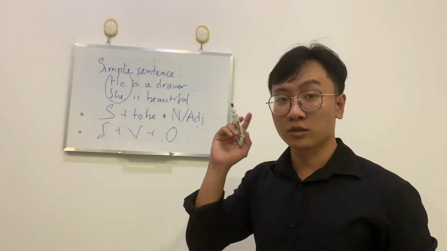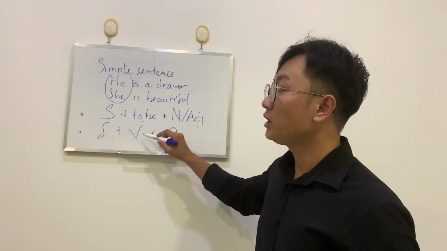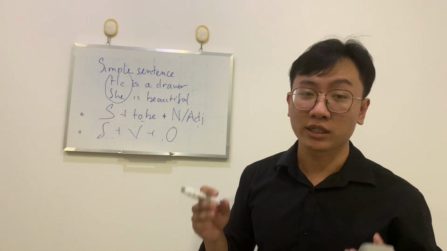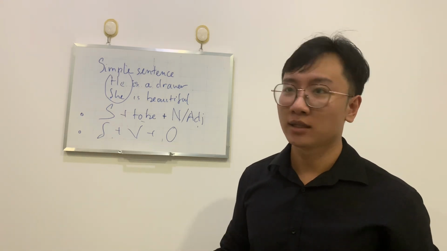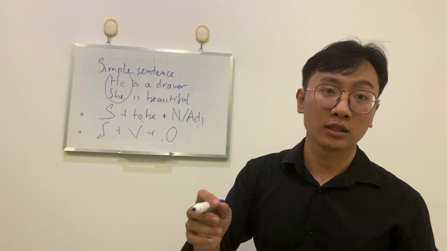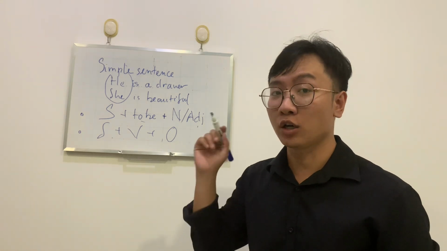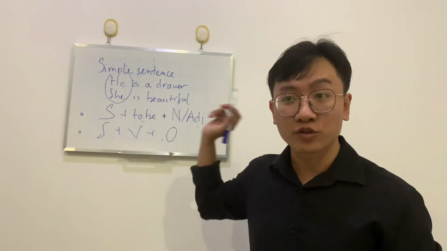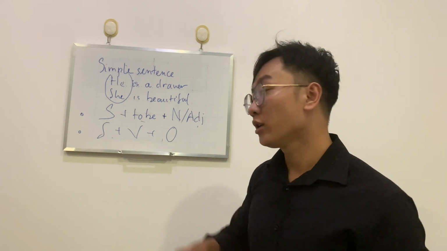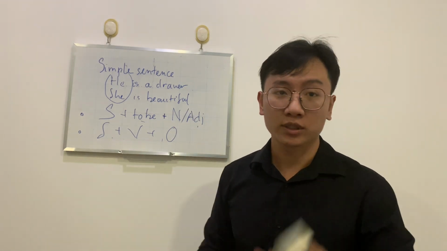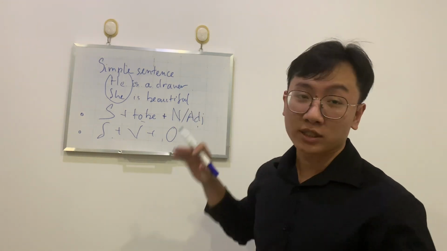Now, this is a critical point. To be and verb, they change according to the tense. The verb tense. So try to put in the correct verb and the correct to be according to the tense that you guys are using. Today we're focusing mostly on present tense, present simple.